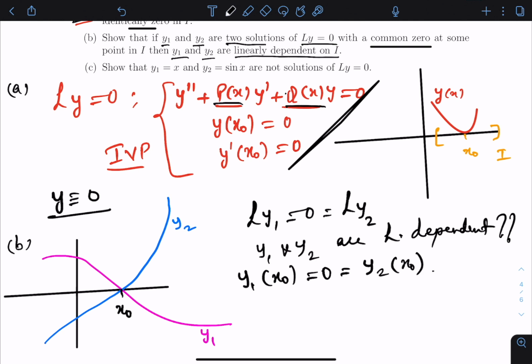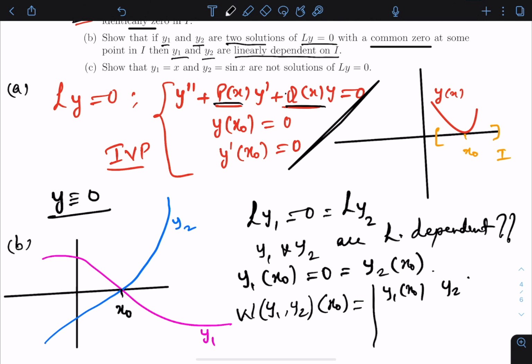So what is the Wronskian of y1, y2 evaluated at x0? That is y1 x0, y2 x0, y1 prime x0 and y2 prime x0.